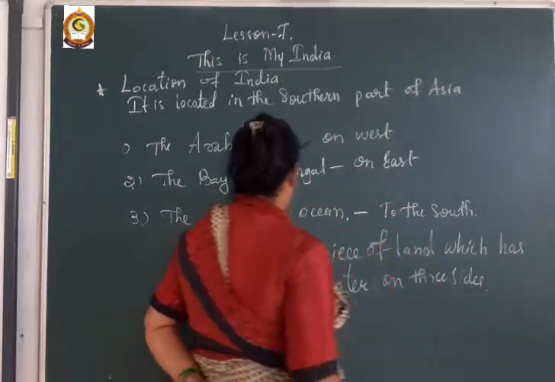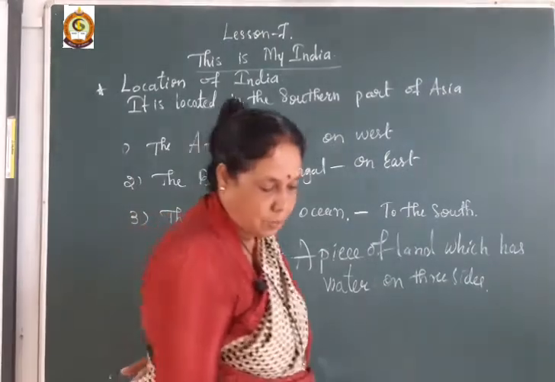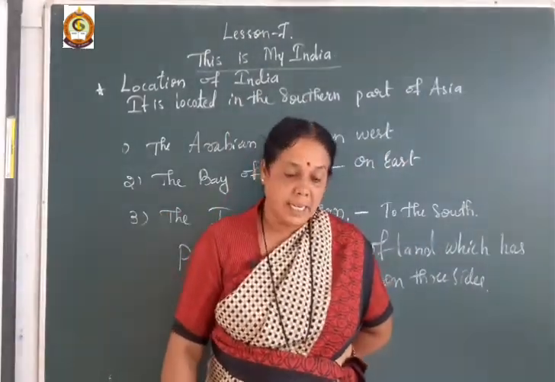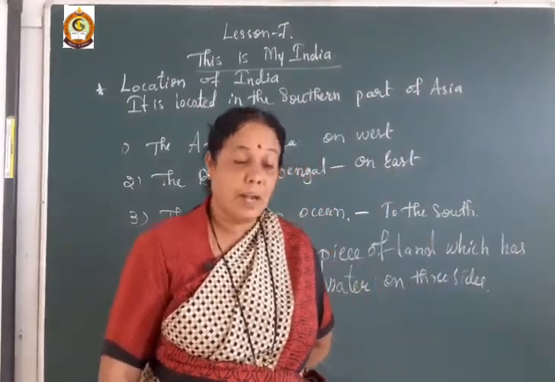Yes, dear student. So this is the peninsula. So our India is a peninsula. Understand? A piece of land which has water on 3 sides is called a peninsula. So India is a peninsula.